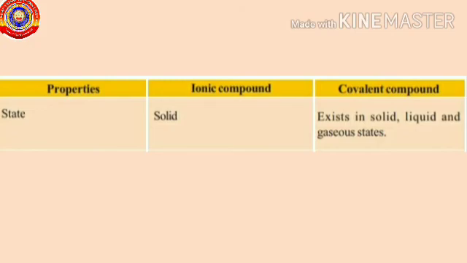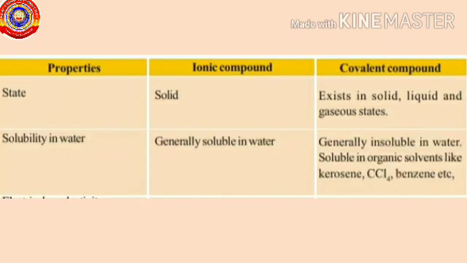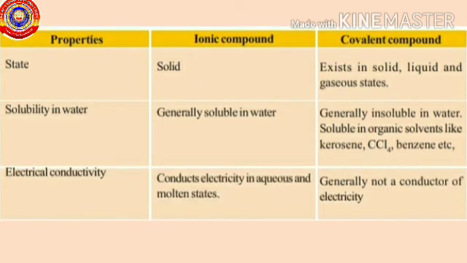Ionic compounds exist in solid state, whereas covalent compounds exist in solid, liquid and gaseous state. Second point, ionic compounds are generally soluble in water, but covalent compounds are soluble in organic solvents like kerosene, CCl4, benzene, etc. Third point, ionic compounds conduct electricity both in aqueous and molten state, whereas covalent compounds are poor conductors of electricity.